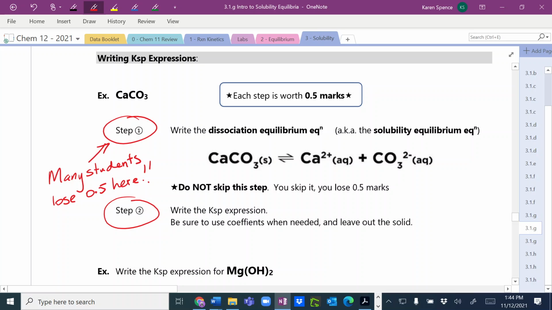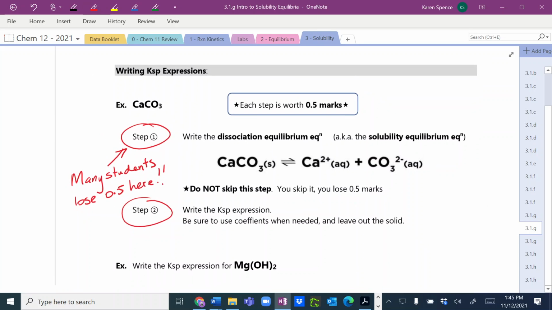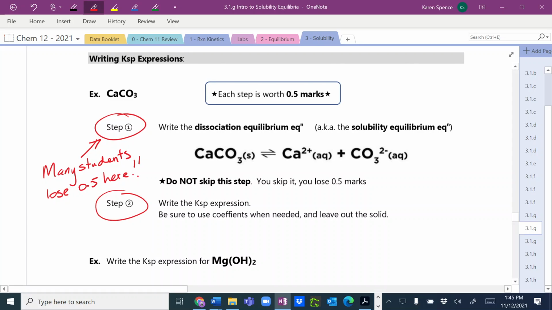You must write the dissociation equation or the equilibrium equation, okay? The solubility equilibrium equation. So if we're looking at calcium carbonate, you need to write that. Do not skip this step. And then I think I meant to write the KSP expression, but I didn't. So let's see if you can write the KSP expression.